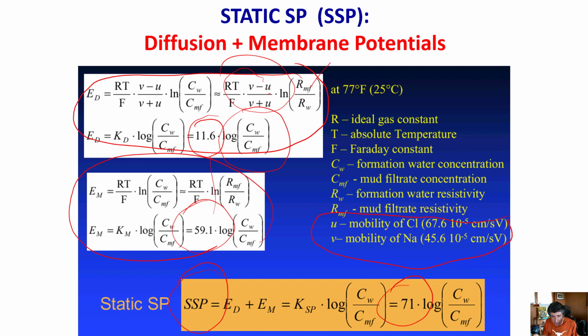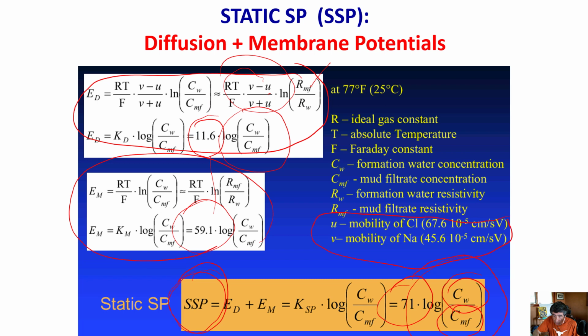So in consequence, the measurement that we do when we subtract the potential measured across shales, that difference will be given by the logarithm base 10 of the ratio between the electrolyte concentration of water and the electrolyte concentration in mud filtrate. And we have a constant. So if we know the sodium chloride concentration in the mud filtrate, and we measure the static SP, we can solve this equation for CW.